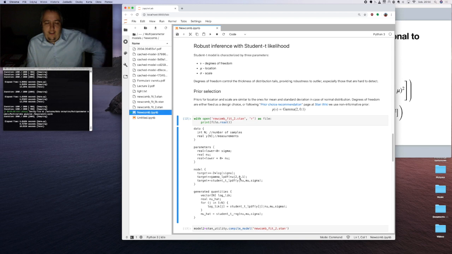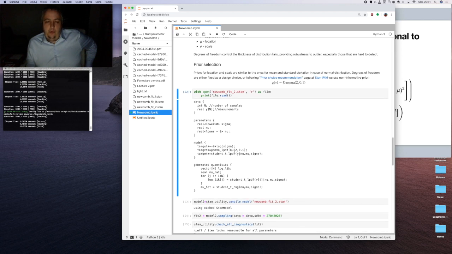And we are adding another factor, which in normal form would be the probability of the value of degrees of freedom, but in this case we are adding a logarithm of it, so we are adding gamma_lpdf for our parameter nu, with parameters 2 and 0.1.